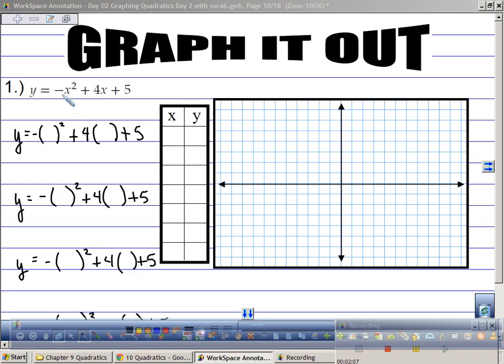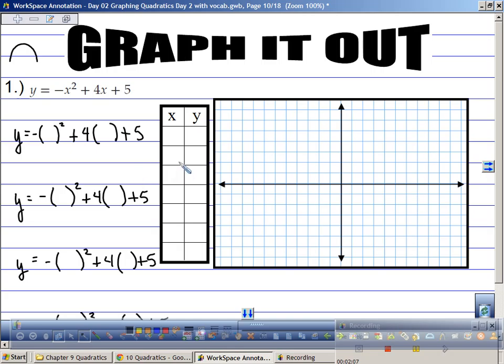What would the negative in front of this do? Make it smile or frown, right? So this is going to be a graph that's frowning, right? Okay, so with this being said, it should be frowning. Let's start graphing this.